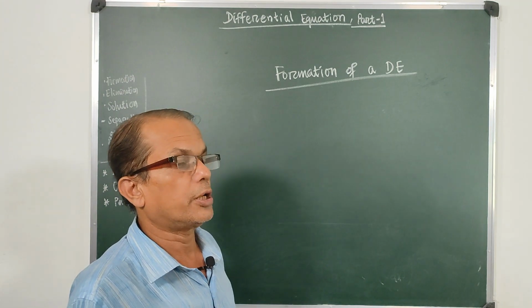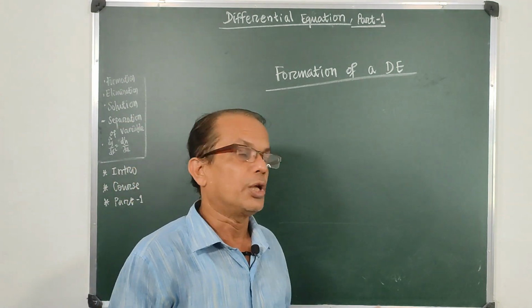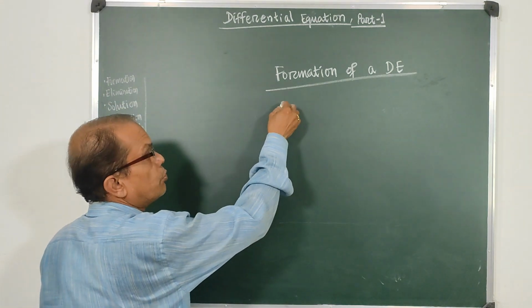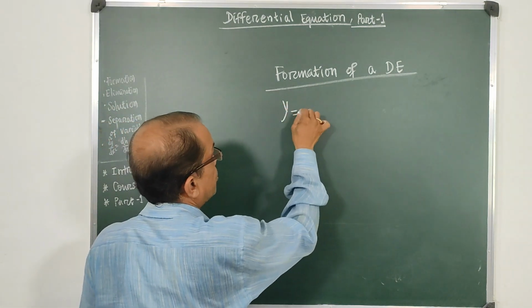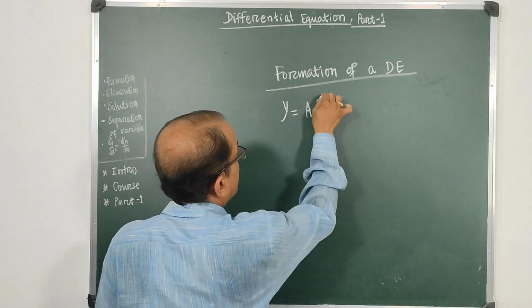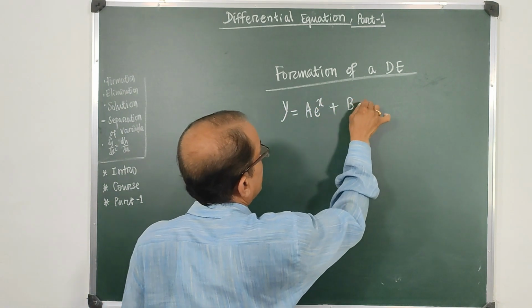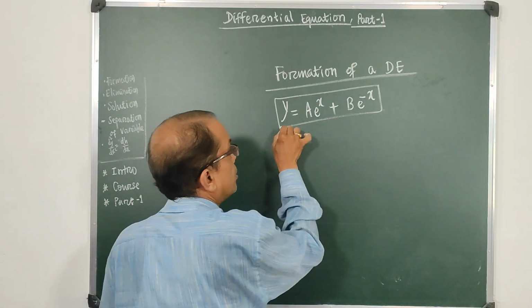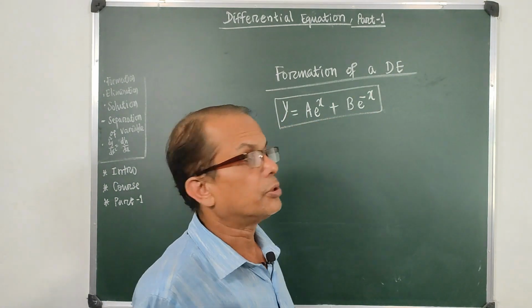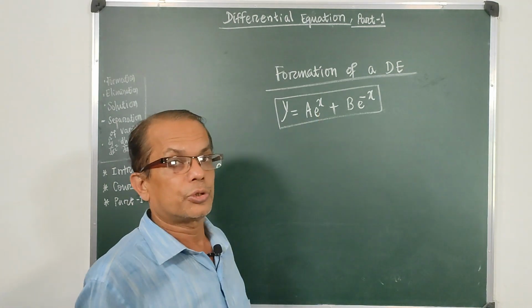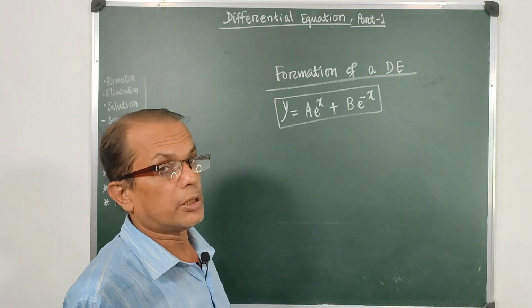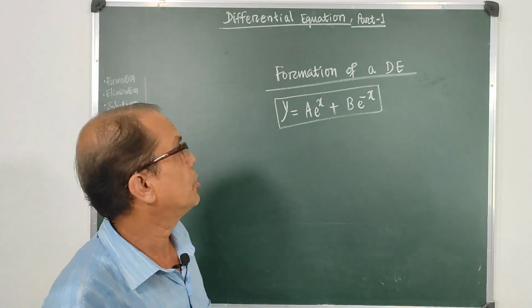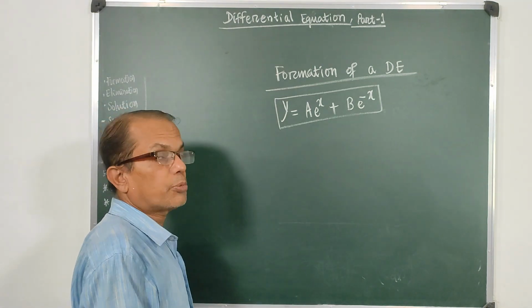So if we are given an equation like this, y is equal to a e to the power x plus b e to the power minus x, only this equation is given. This is a general equation. There are exponential terms, so it may be a hybrid function of algebraic and exponential functions. So how to form a differential equation from this?